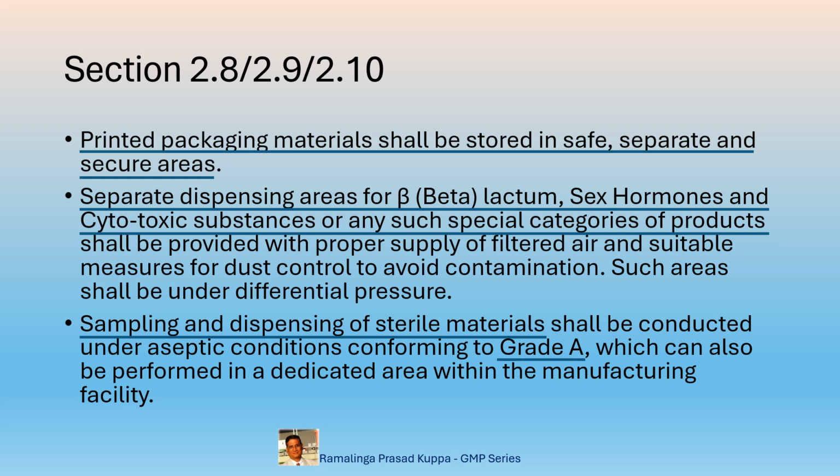Background classes can be grade B or grade C or even grade D. All these air classifications are detailed in the section 3 of part 1A of schedule M. It should be designed based on a risk assessment report. This is what subsection 2.10 says.